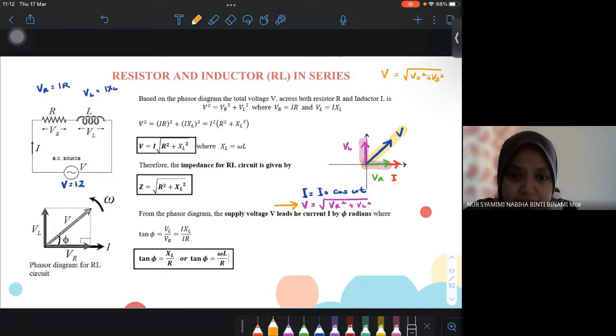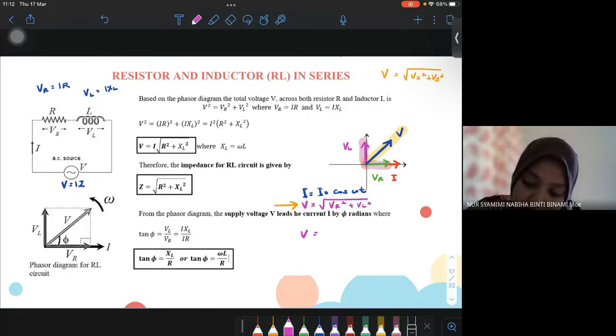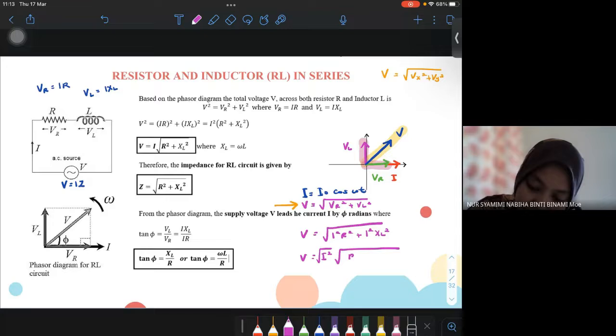Jelas, okay. So, mana kita nak dapatkan this equation? And we know that VR is equals to IR, VL is equals to IXL. So, kita kembangkan sahaja V is equals to square root of I square R square plus I square XL square. So, disebabkan I yang sama, kita boleh keluarkan dia. Kita akan dapat I square (R square plus XL square). So kita dapat V is equals to I times square root of R square plus XL square.